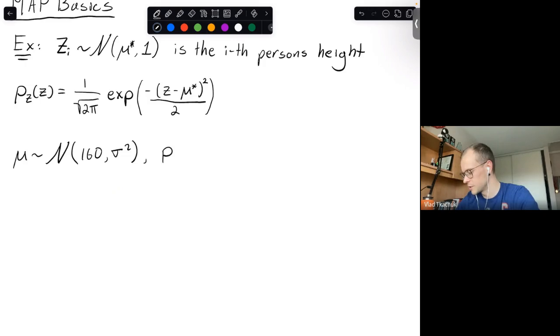And in particular, since we assumed it's normal, its PDF has a very similar structure to above, which has this 2 pi, but now there's this sigma squared down here.